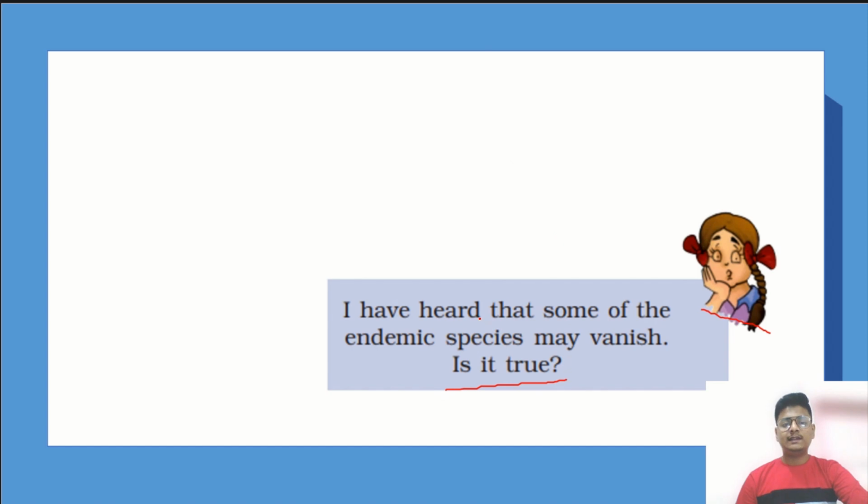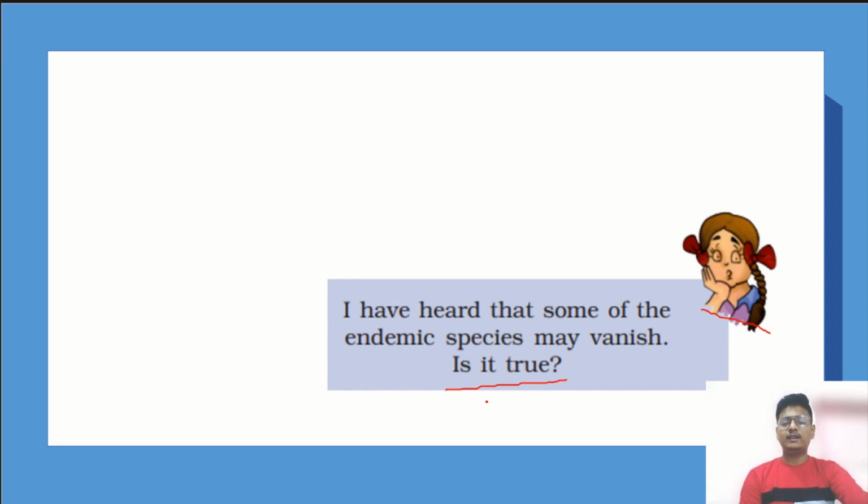So see, endemic species may vanish. It is true because I have heard of an endemic species, the two horned rhino. They are found only in that specific area and just two of them are left, one male and one female.